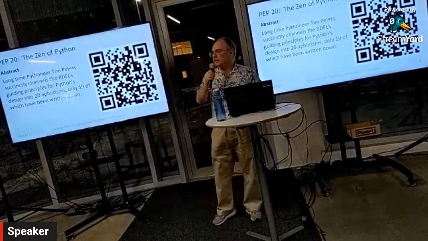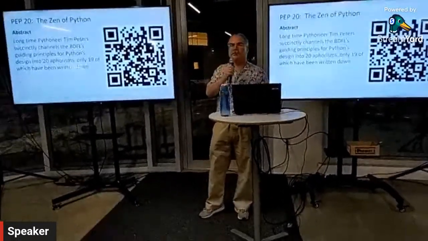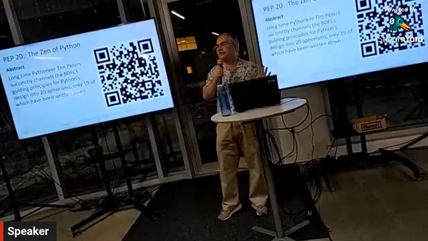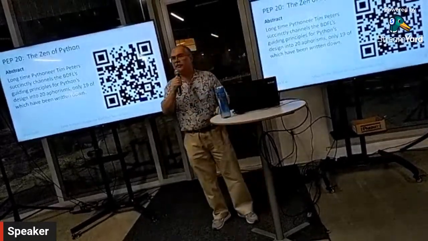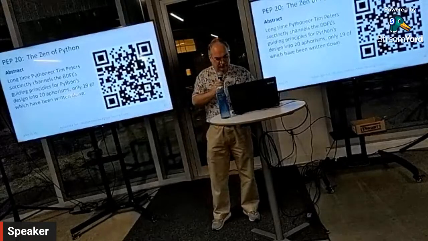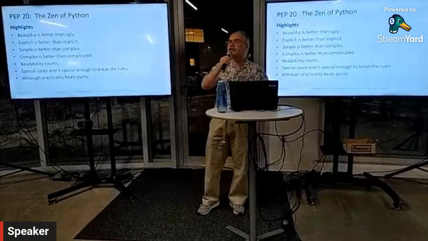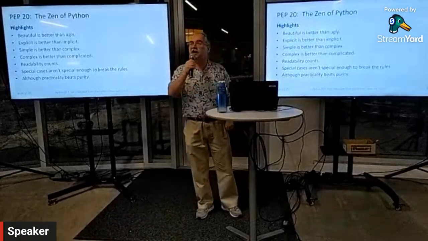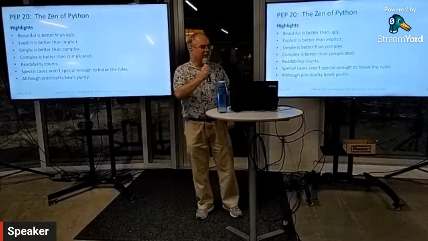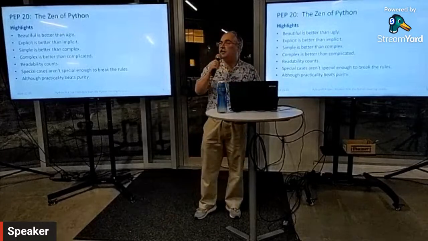Tim Peters captured 20 aphorisms from Guido about the philosophy that's guided the development of Python, but only 19 have been really remembered. So I'm going to pick out 14 of them. First, beautiful is better than ugly. Explicit is better than implicit.